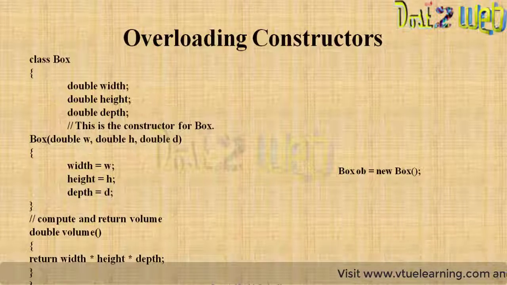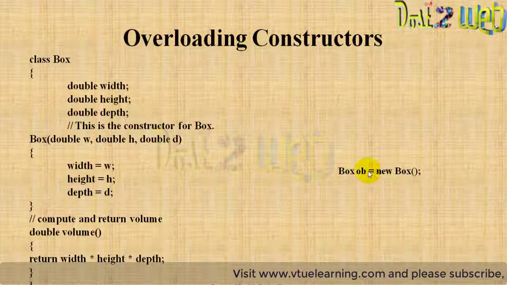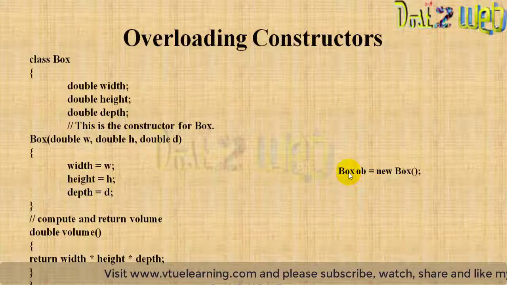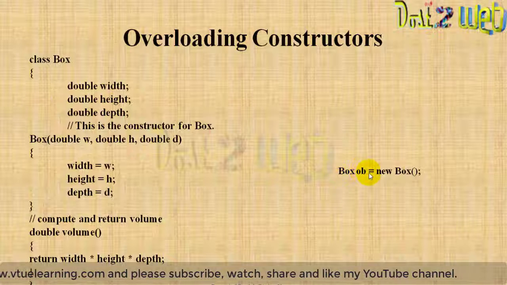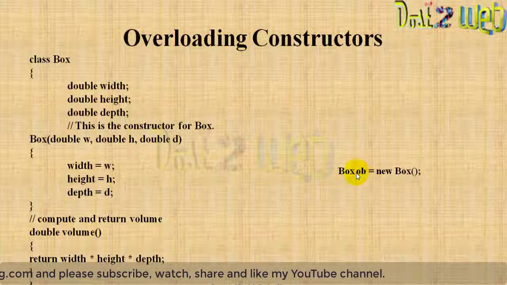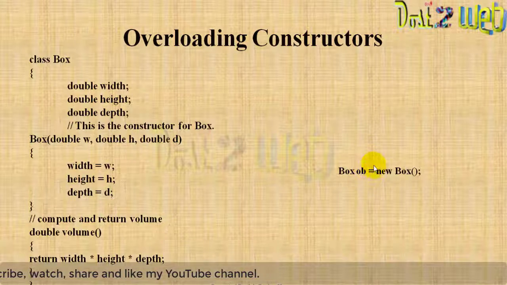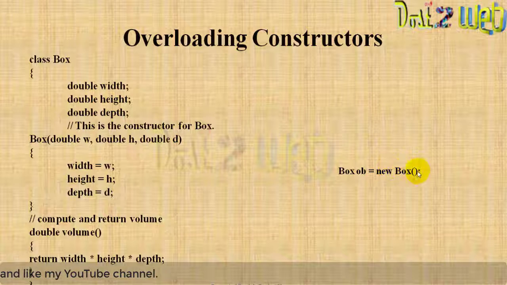So what will happen in this scenario? When we create an object in the main method, if you remember how to create an object: Box, the class name, then ob, the object name, the instance reference you are going to create, is equal to new Box.